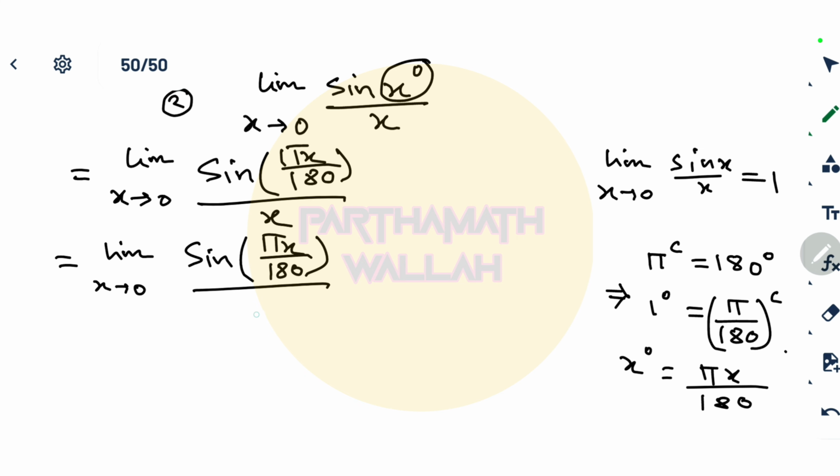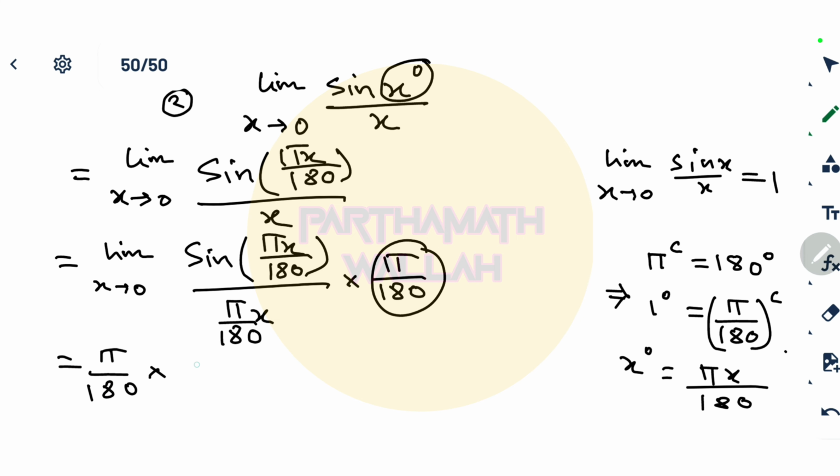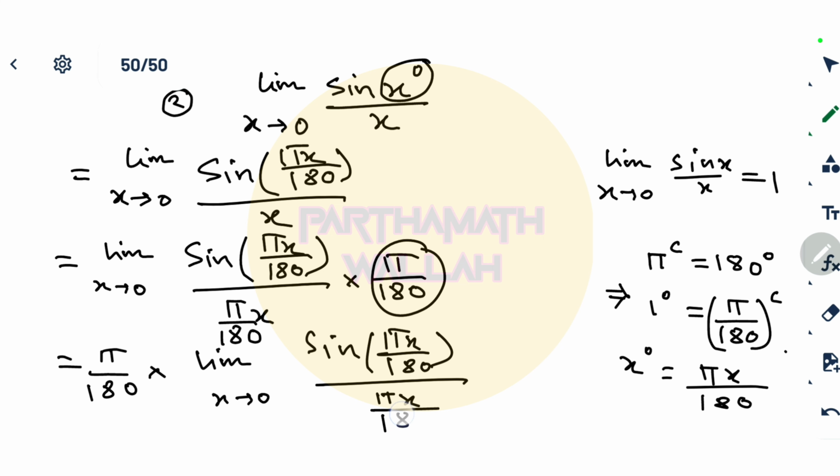So here only x is in the denominator; we will multiply x with pi by 180 and manage it in the numerator also with pi by 180. It's a constant, so put it outside of the limit: limit x tends to 0, sine of pi x by 180 divided by pi x by 180.